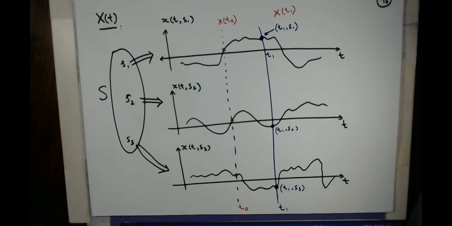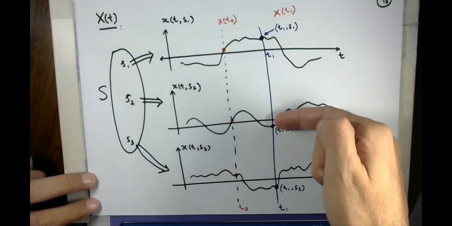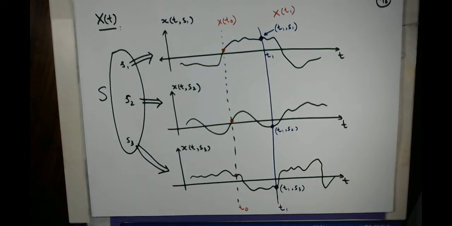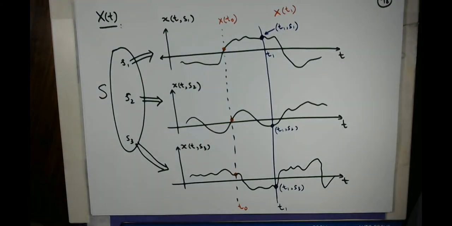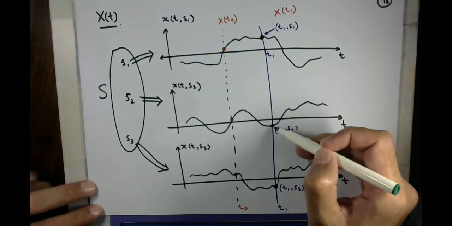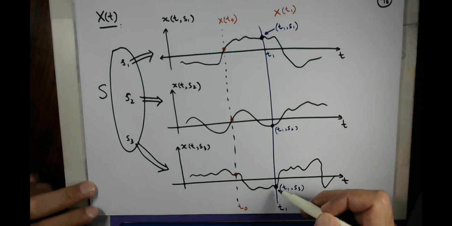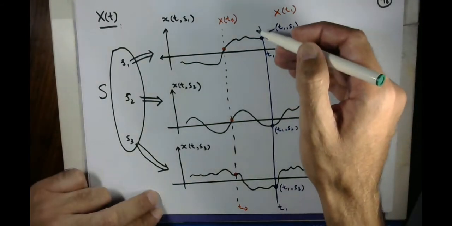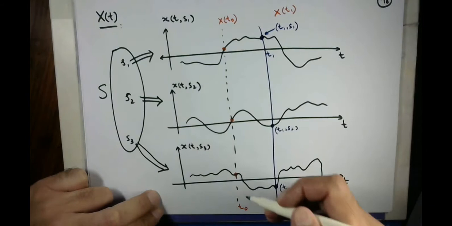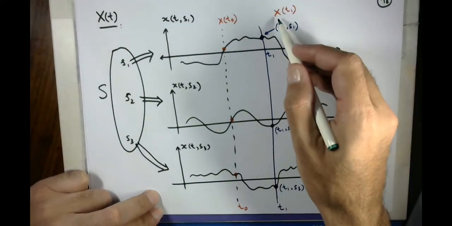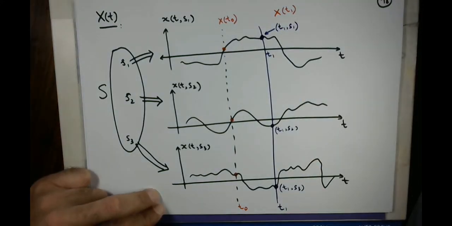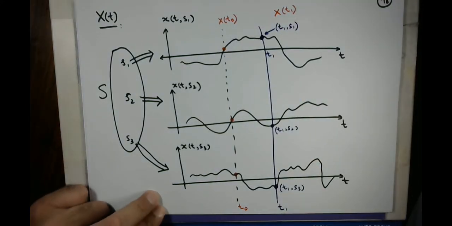Ensemble average would mean the average of, say, this random variable, because the average is taken using this value of the random variable, this value, and this value. So you have utilized the total ensemble to find the average of this random variable. So you call it the ensemble average.